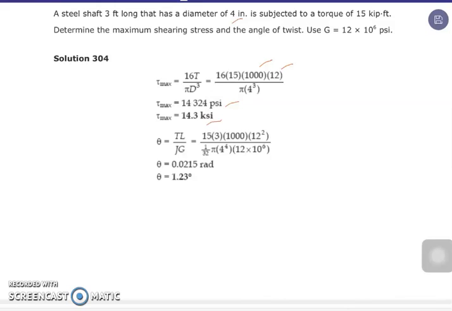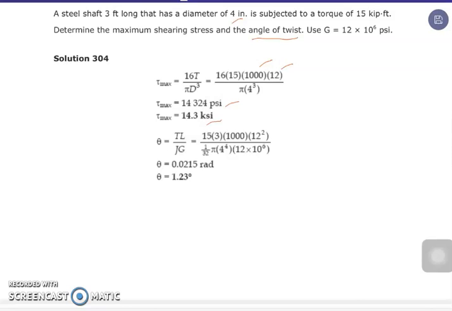And since we are also going to compute for the angle of twist, the formula is TL all over JG. We simply have to substitute our torque and our length, which is 3 feet, so we have converted to pounds and to inches, all over our J, the polar moment of inertia.